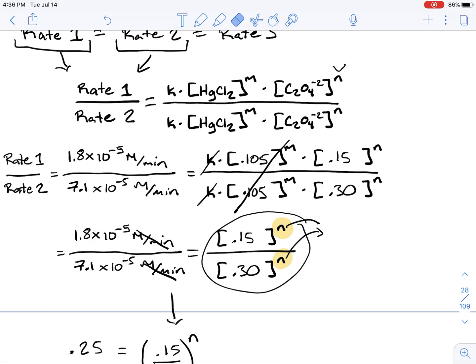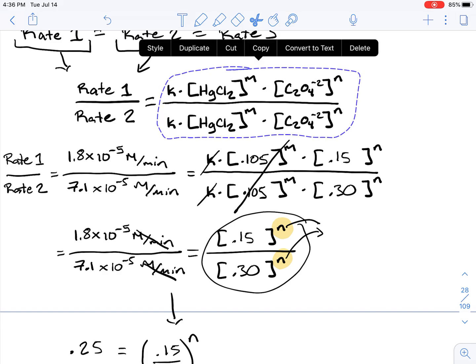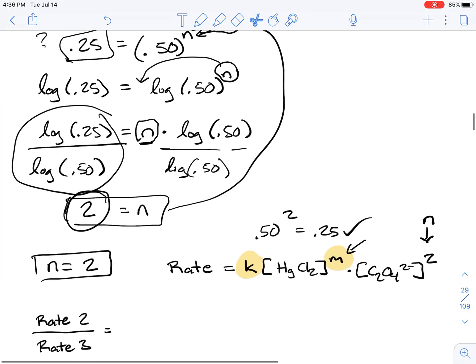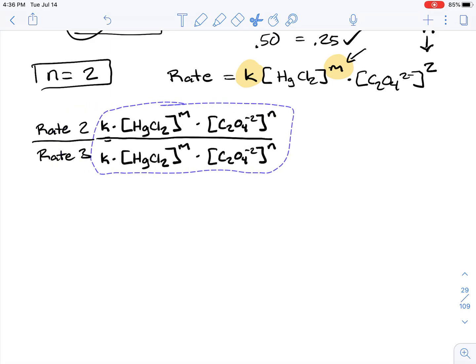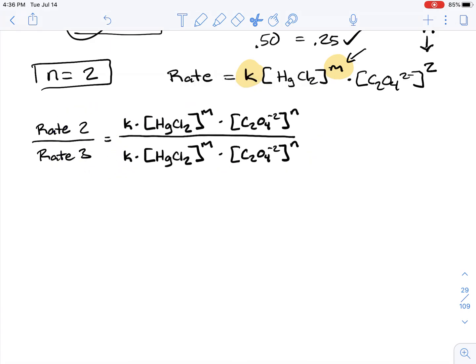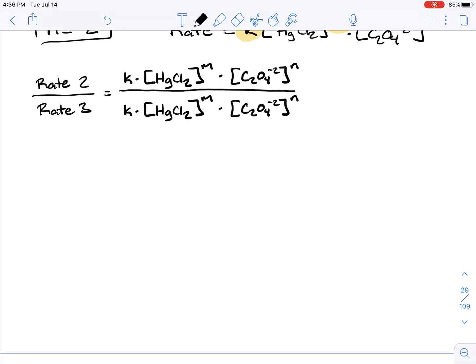Sorry for cheating, guys. I just don't want to write this over and over again. So I will copy this and paste this. Basically what I've done is I've expanded the definition for the rate law to include rate constant K, m, and n.